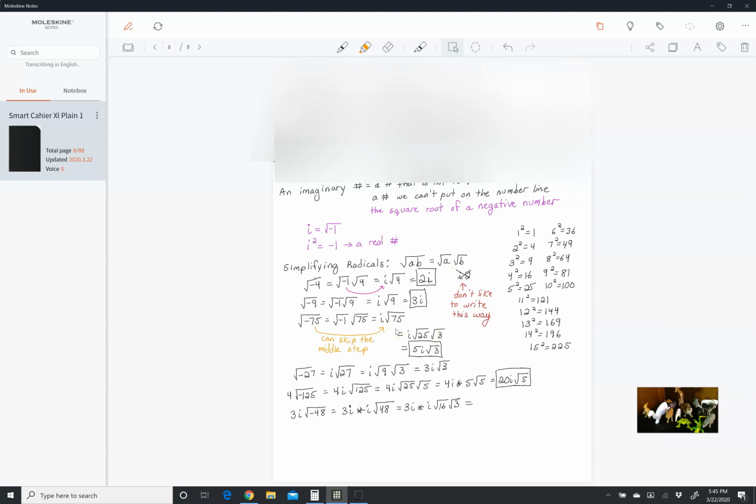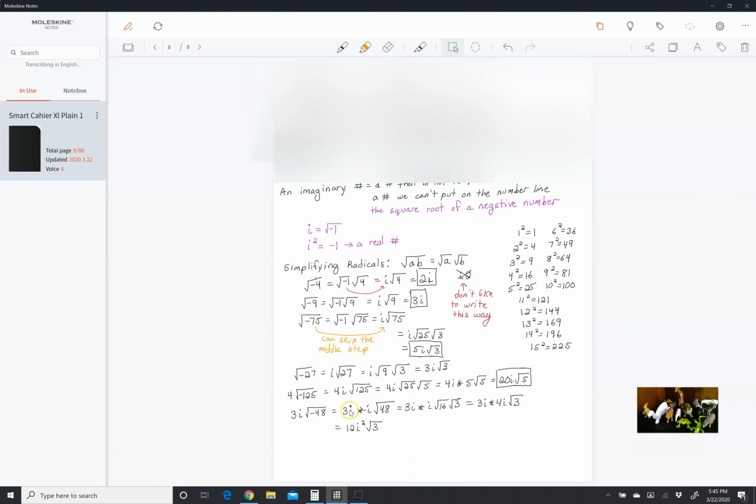Okay, square root of 16 is 4, so now we have 3i times 4i square root of 3. And you're just going to multiply the outsides. So you get 12i squared square root of 3. Now I'm doing a lot of extra work here.